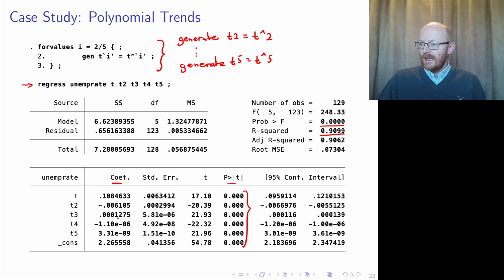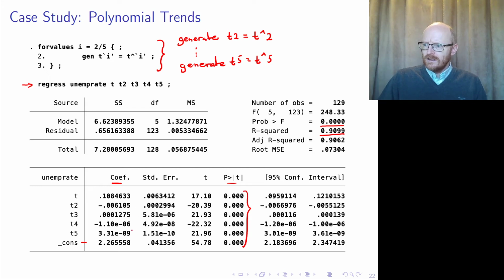We have an intercept of 2.2, and then we have these coefficients, but it's very difficult to interpret them, because they are really just coefficients based on our definition of time.